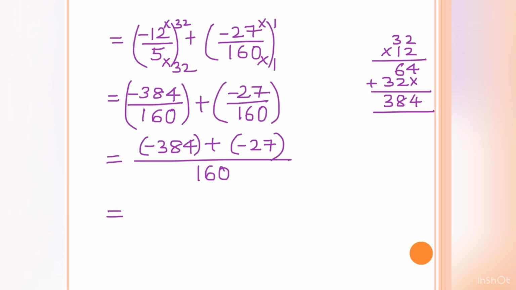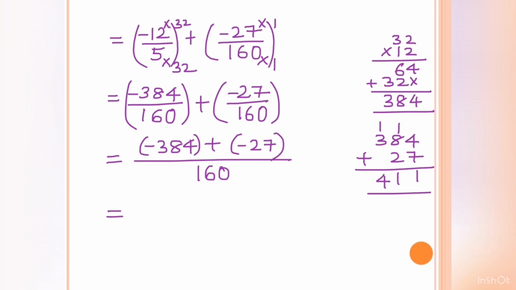In the numerator we have minus 384 plus of minus 27. Here both the integers are negative, so we will add and assign minus sign to the result. So let's add 384 plus 27. 4 plus 7 is 11. 1 plus 8 plus 2 is 11. 1 plus 3 is 4.